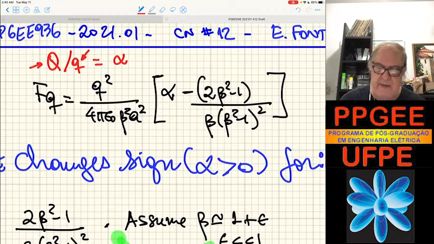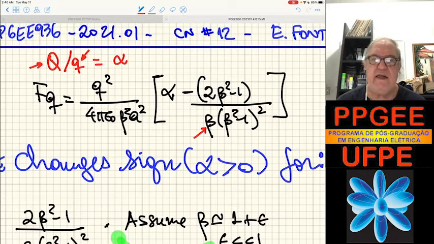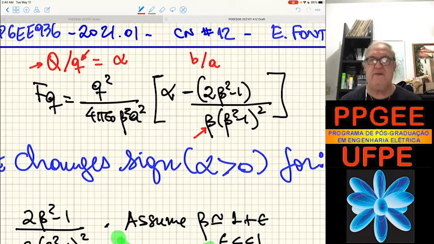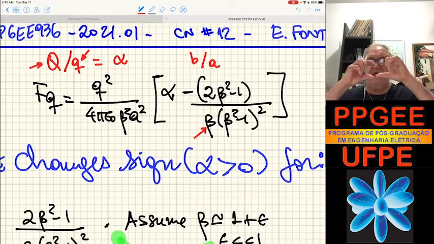The other parameter that appears here is beta. Beta is the ratio B over A, the location of the point charge relative to the sphere of radius A. When B over A equals 1, you have the point charge very close to the surface.